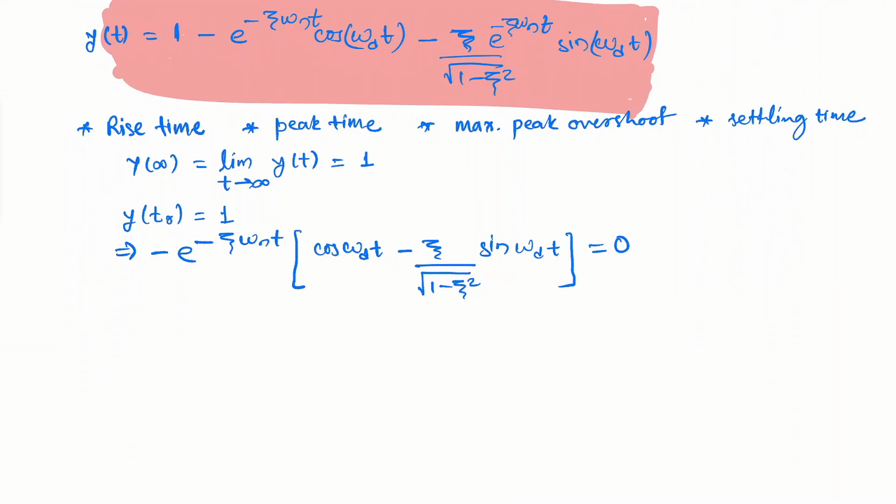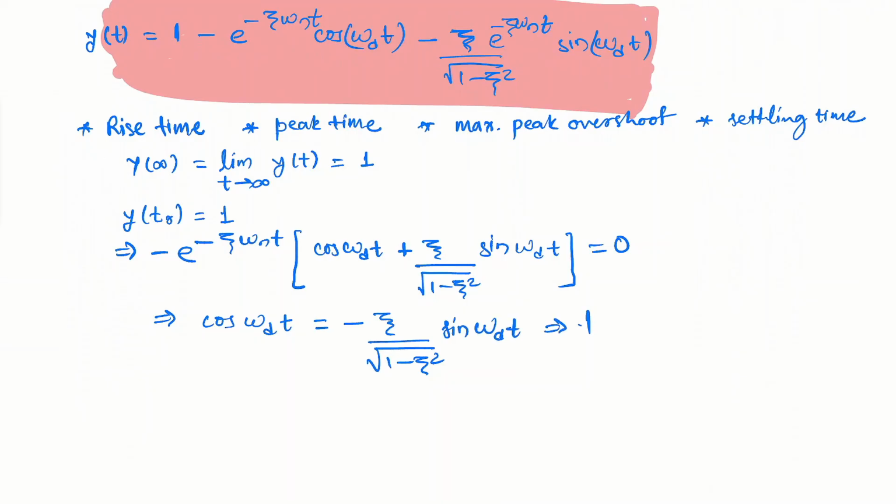So here, since the exponent term only asymptotically goes to 0, the bracket term should be 0. This implies, since I have taken the minus sign common, it will be plus cos of omega d t equals minus zeta over 1 minus zeta square sine of omega d t.